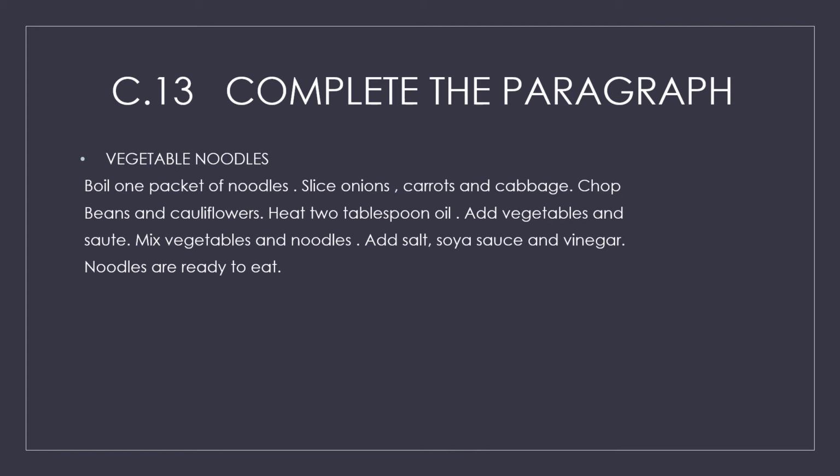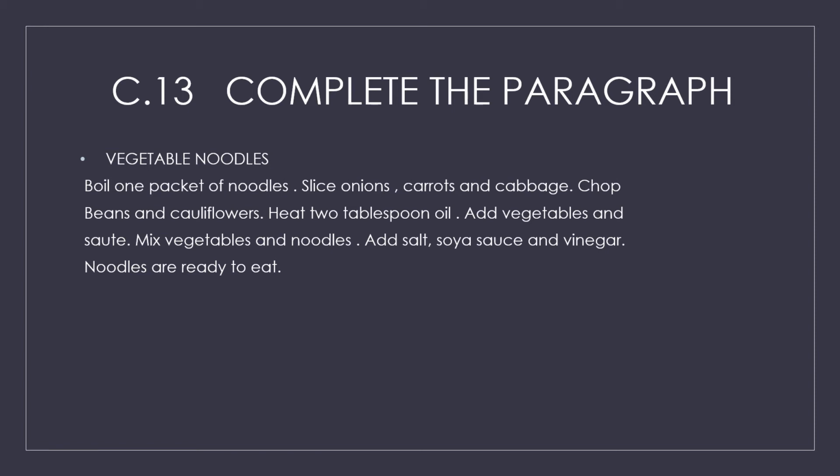Finally, salt, soya sauce and vinegar are added to the noodles. I'll repeat this one. Finally, salt, soya sauce and vinegar are added to the noodles. The noodles are ready to eat.